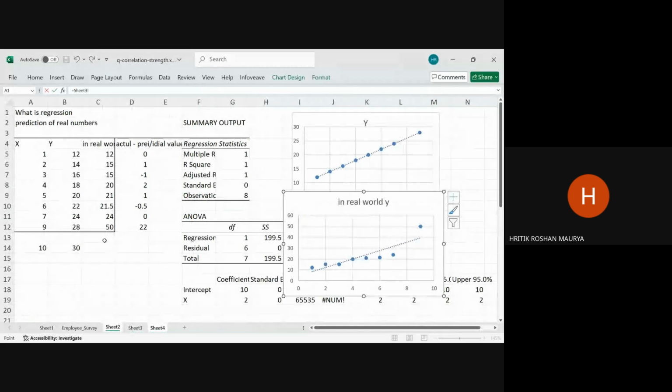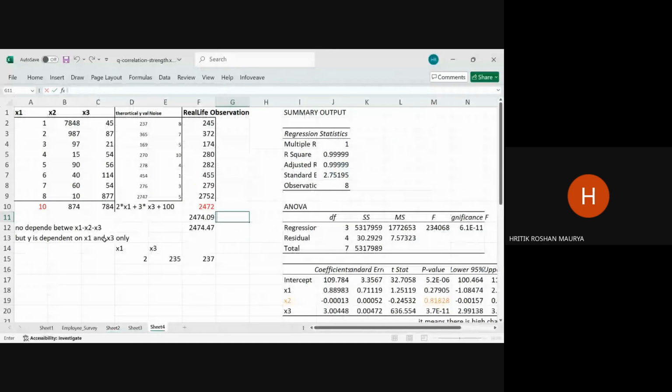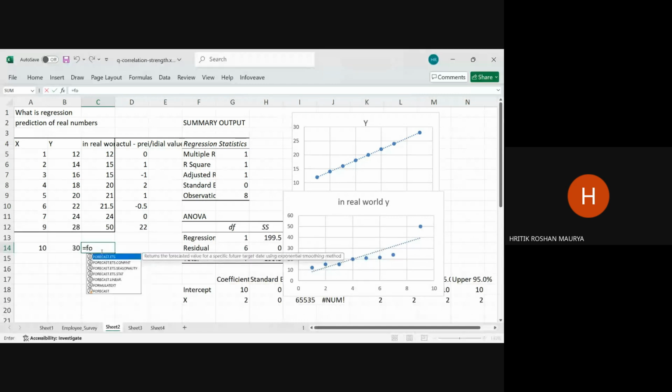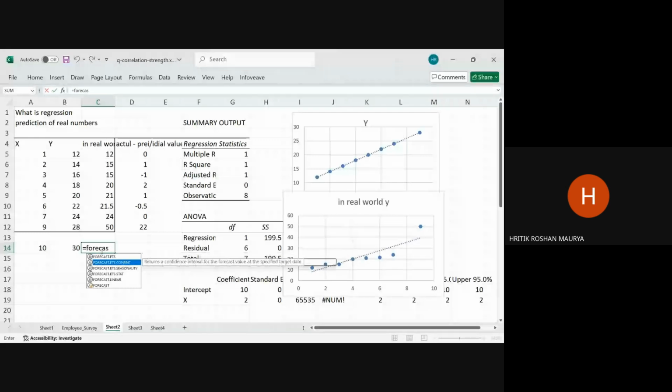If I use the forecast, here let us use the forecast method. Here I will provide the value of x.